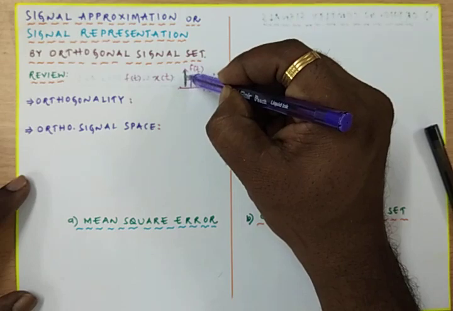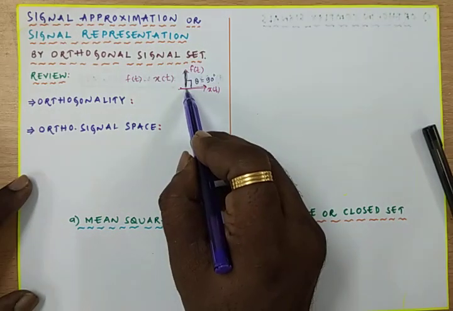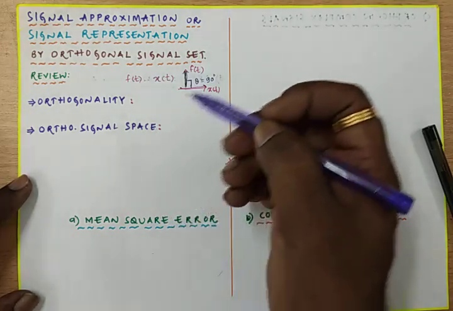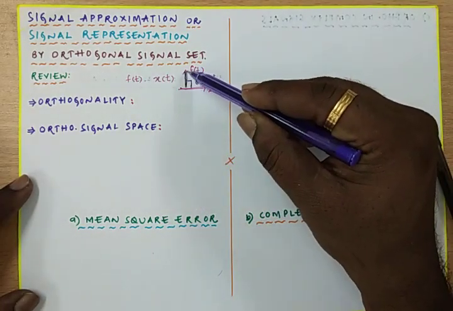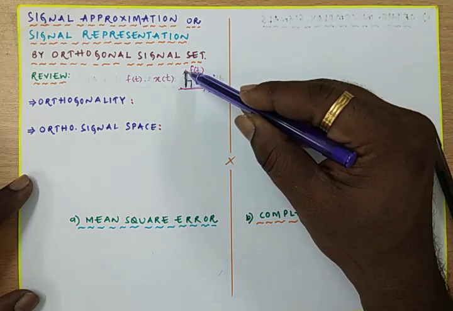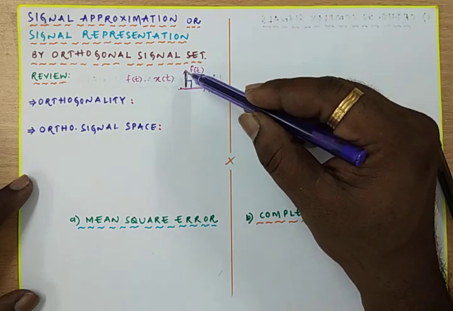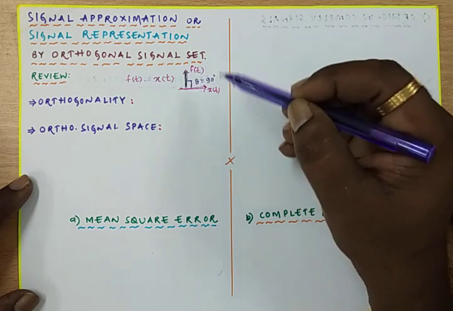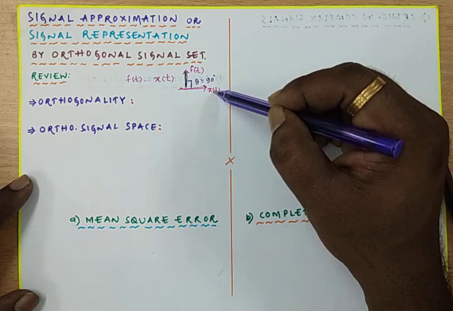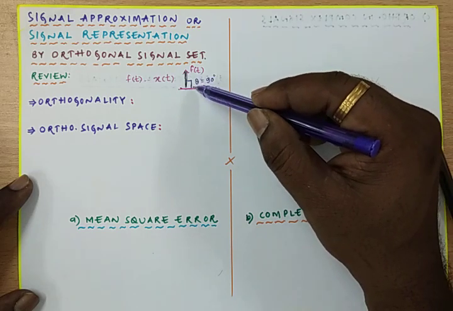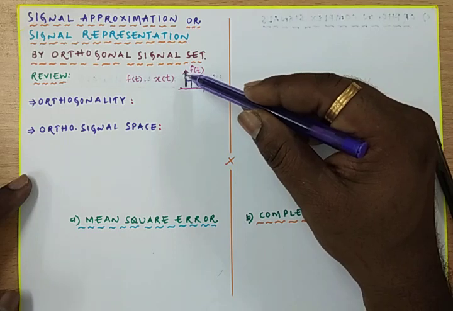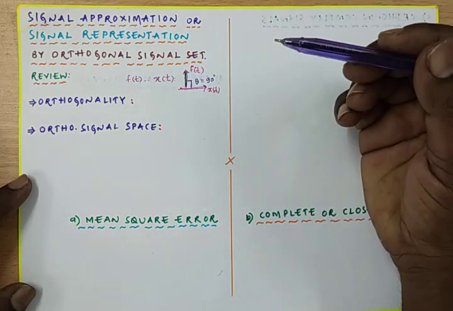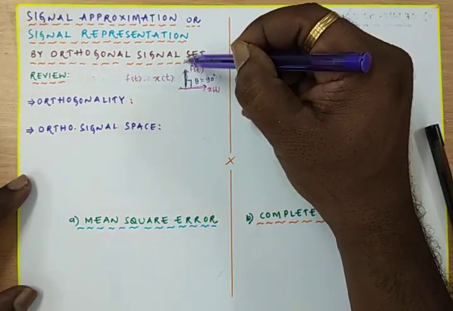Here f of t is going in one direction and x of t is another signal going in another direction, so the f of t signal cannot project any component along x of t, and x of t cannot project any component along f of t.